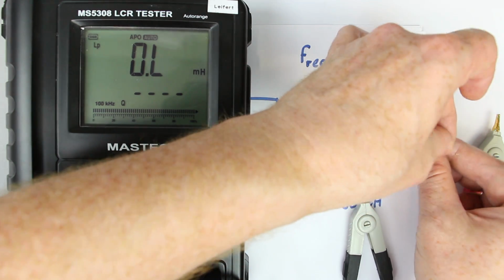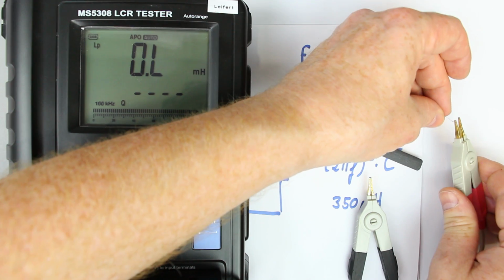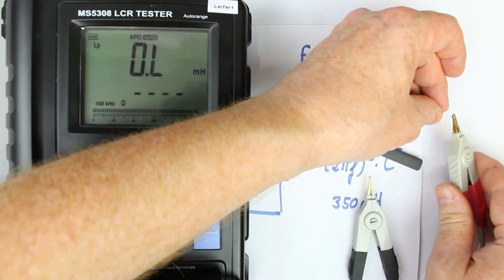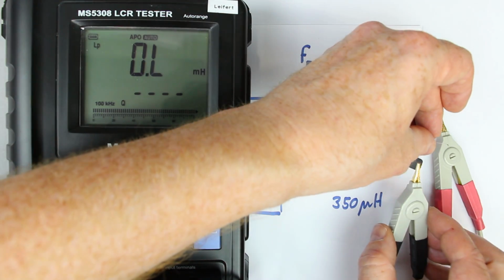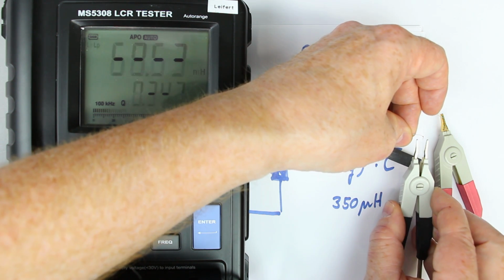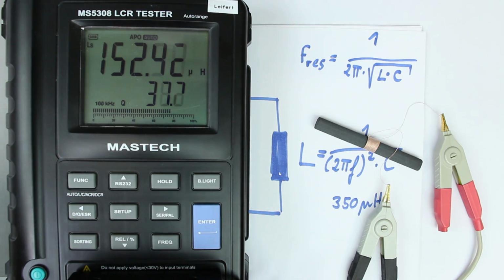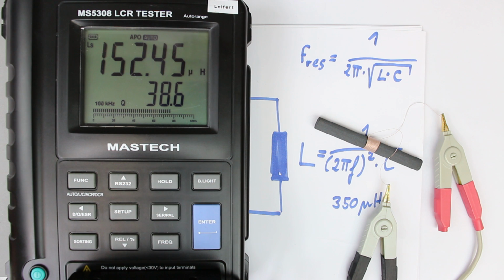We connect the litz-wire, and it's as always a little bit fiddly and takes a few seconds, and then the LCR meter has to get the right value, and we get only 150 microhenries. So what did they do at Kainka Labs? Did they wind the wrong coil?